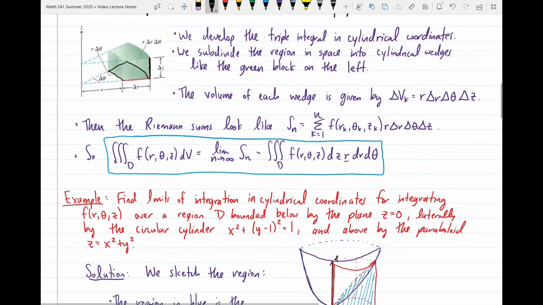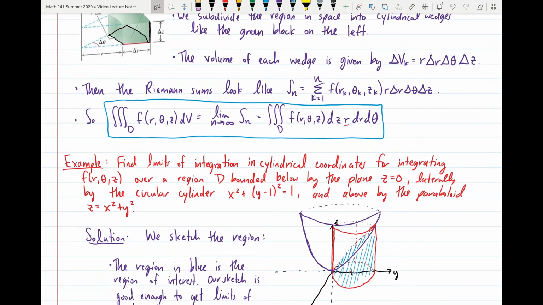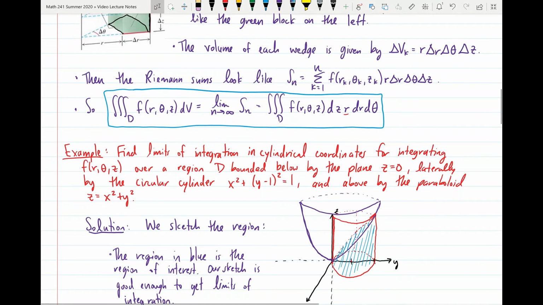And that's a lot of things to say, but what that means at the end of the day is that the triple integral of f of r theta z, so some function in cylindrical coordinates, over the region D in three-dimensional space is equal to the limit of those Riemann sums, so the limit as n goes to infinity of S sub n, which is equal to the integral of f of r theta z dz r dr d theta all over the region D. And from there we can define the triple integral to be repeated integrals or iterated integrals.